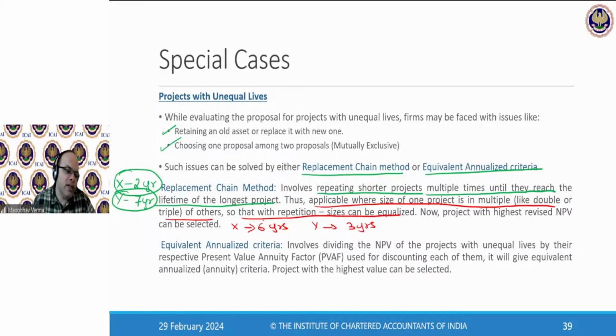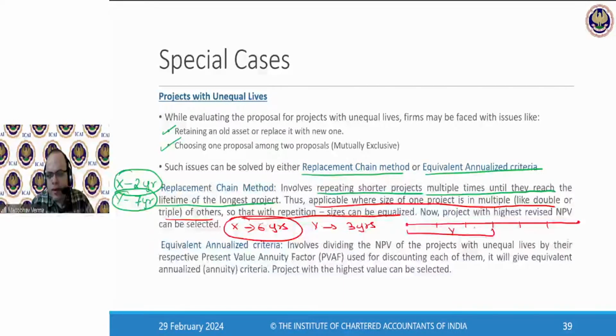In that case, you calculate the NPV of project X once, and project Y will happen here, and again one more time here. So you will calculate the NPV for project Y two times and project X one time. That will give you the replacement chain method, and then you can compare and select whichever gives you the highest NPV.